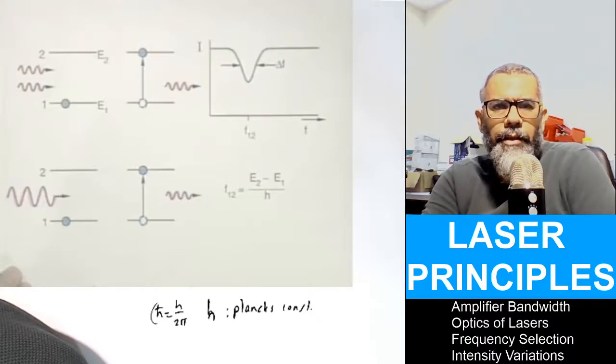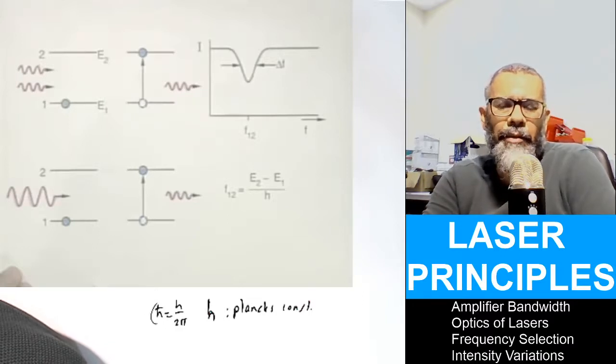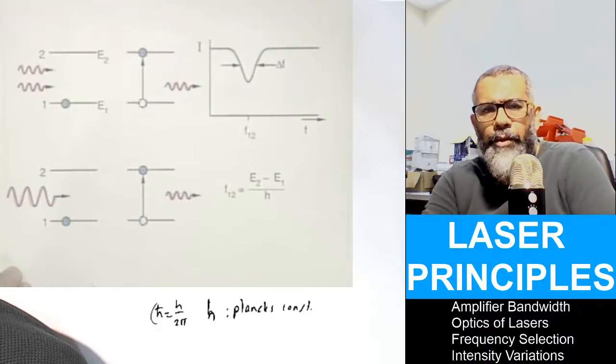Still, there is a chance of the atom absorbing the incoming photon, even if its frequency does not match exactly but is approximately close to the energy gap. It can still be absorbed, but the absorption will not be at a maximum. If you are off resonance, there is still a chance of absorbing.